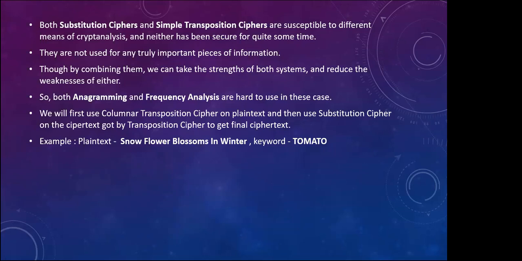So here I have considered the combination which is most secure among all the combinations we can make. That's nothing but the columnar transposition cipher and the substitution cipher. If we combine both, we get a more secure cipher.